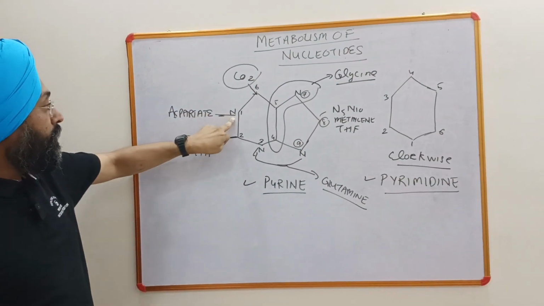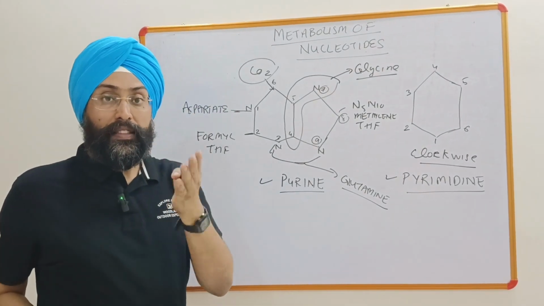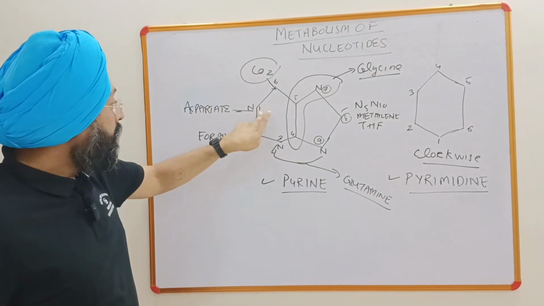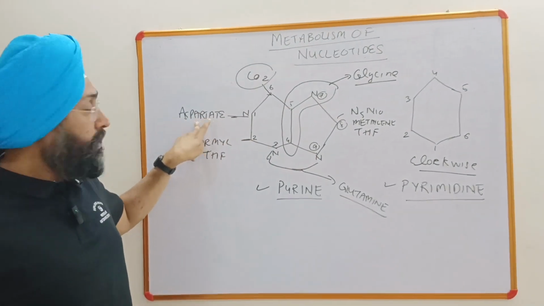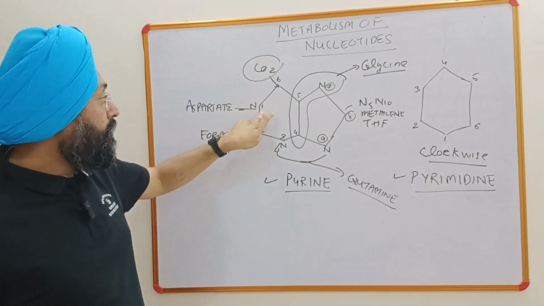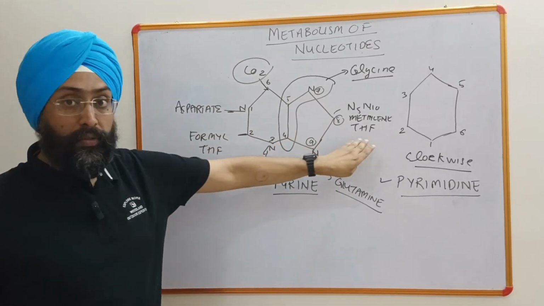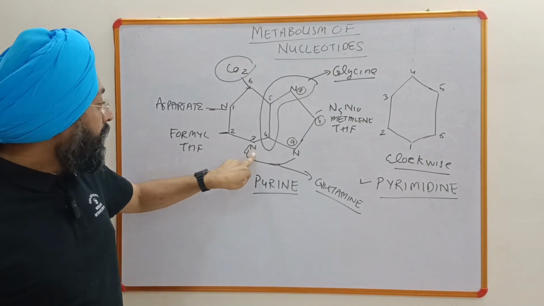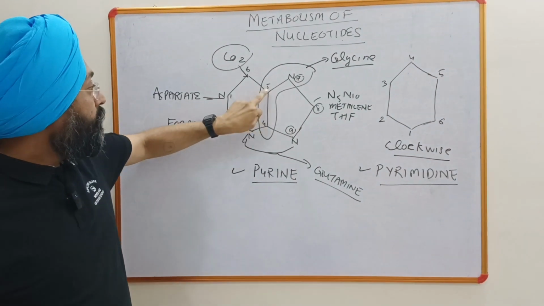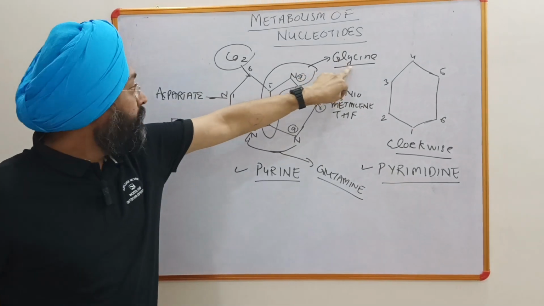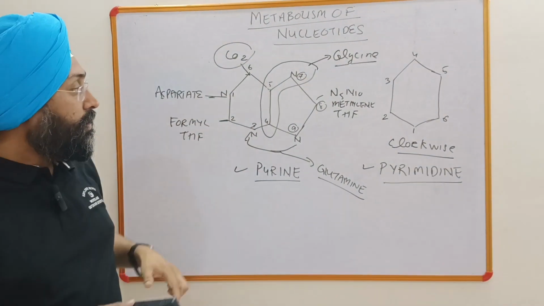So first nitrogen, the numbering begins from 1 and the alphabet starts from A. So first nitrogen number 1, A for alphabet A, A for aspartate. So here is aspartate. C2 and C8 are derived from tetrahydrofolate. N3 and N9 are derived from glutamine. C4, C5 and N7 are derived from glycine, and C6 from carbon dioxide, right?